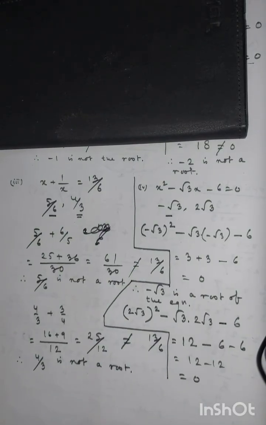So we are getting 0. So LHS is equal to RHS.